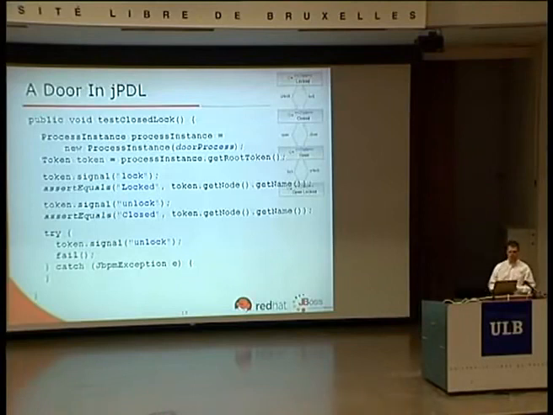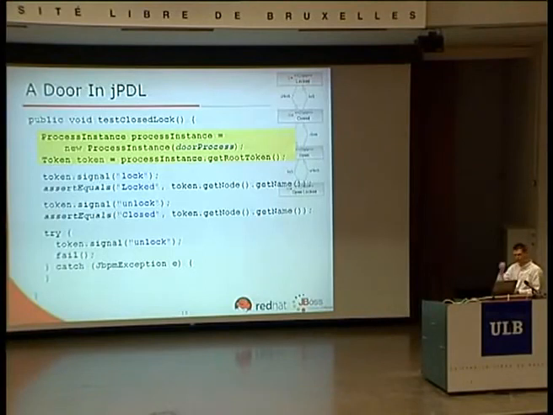So let's look at this test method. In this test method, we're going to create a new process instance for the door process. This actually creates one instance of the state machine, and as indicated in the process, you start in the locked state. The actual pointer to where you are in the process is indicated by the token.